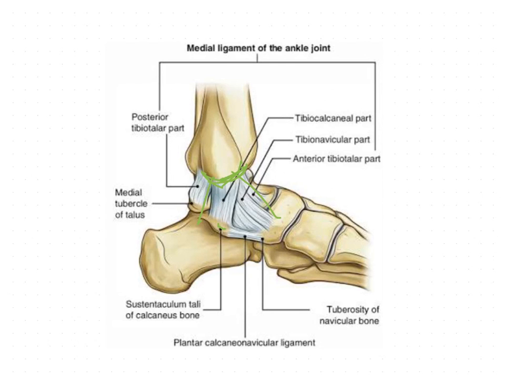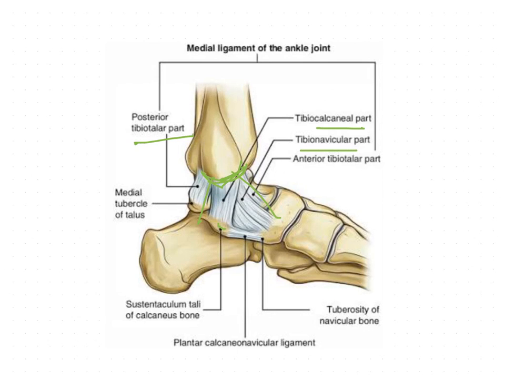So now we'll see the superficial part. The superficial part includes the tibio-navicular and tibio-calcaneal, and posterior fibers or posterior tibio-talar. These are the superficial part of this deltoid ligament.